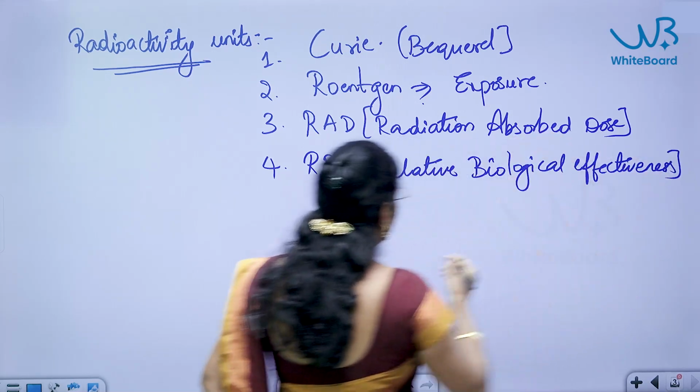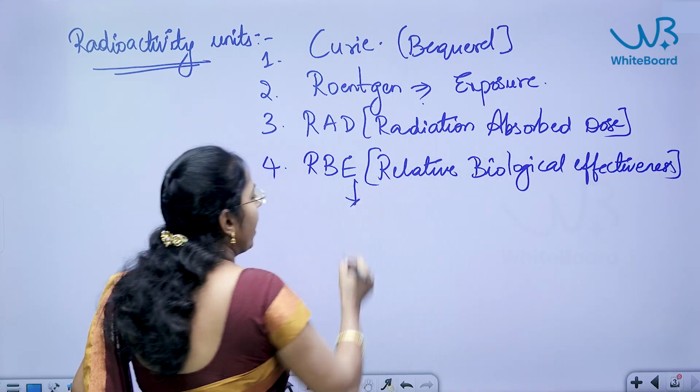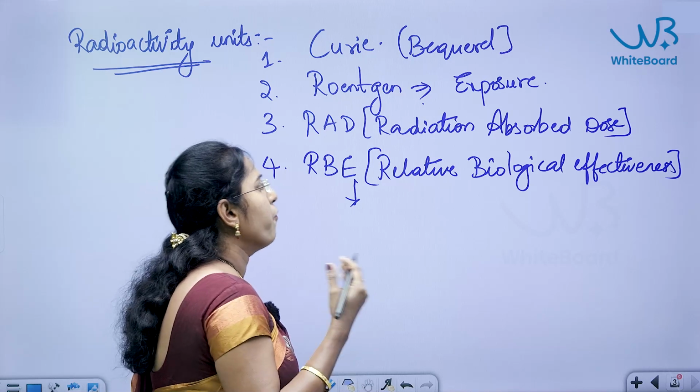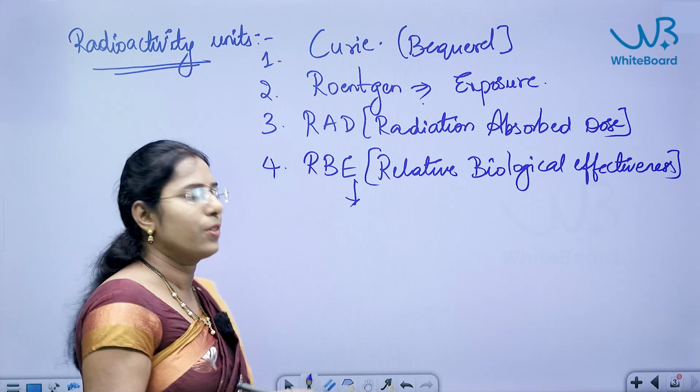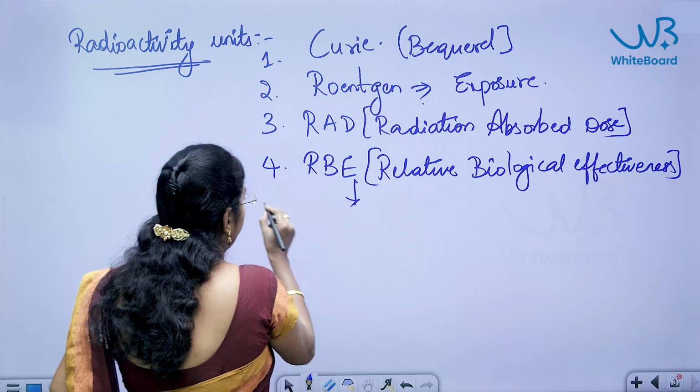These units express the effect of alpha, beta, gamma radiations on the biological system.